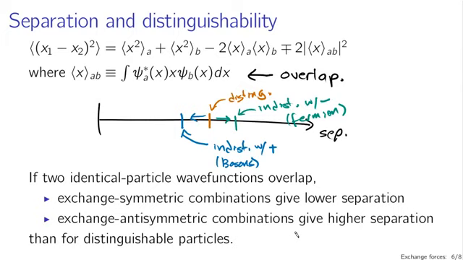Working with particles in the same quantum state, rendering them indistinguishable in an exchange symmetric way, effectively attracts them to each other relative to the distinguishable case, and combining them in an exchange antisymmetric way produces a slight repulsion. The amount the expected value of the separation changes depends on how much the wave functions overlap.